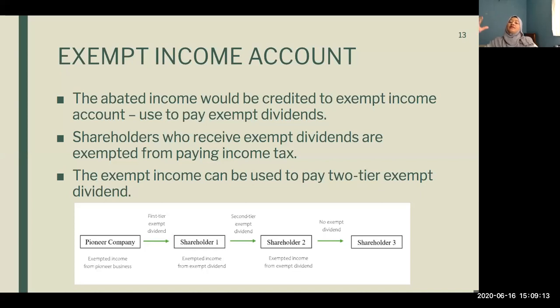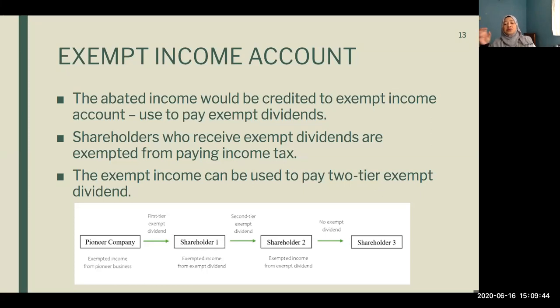Yeah. So now you have shareholder two. So how many levels have you paid? First from Pioneer Company to shareholder one, single tier, or what is called tier one. And then from shareholder one to shareholder two is what we call two tier, or the second tier exempt dividend. So when the law says that exempt account can pay out two tier exempt dividend, it means that you can only pay from pioneer status to shareholder one to shareholder two.